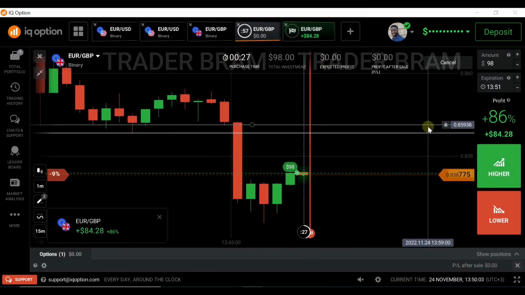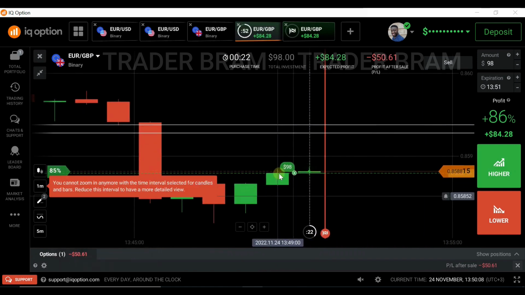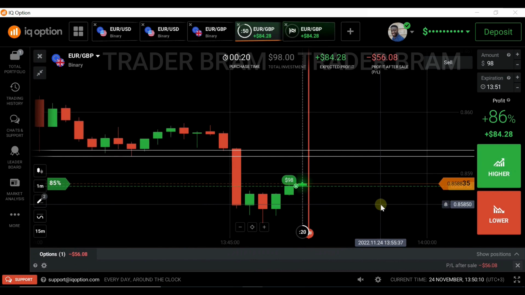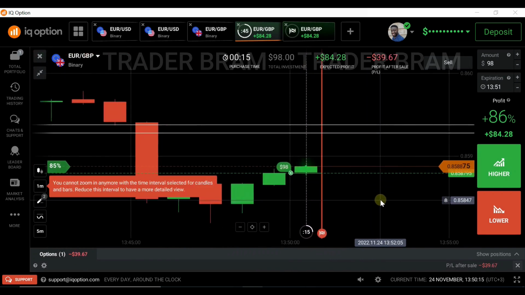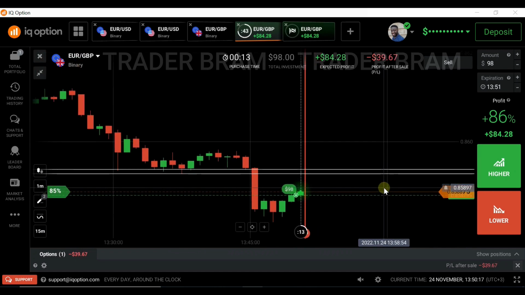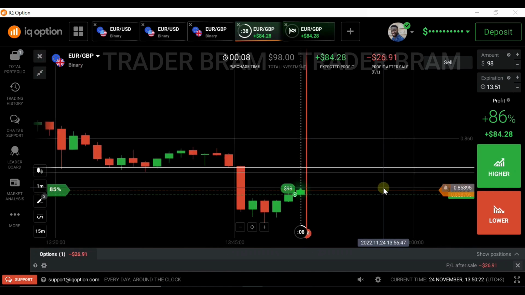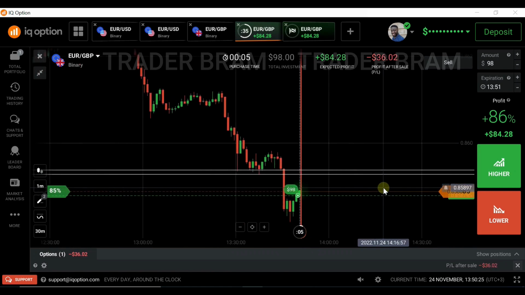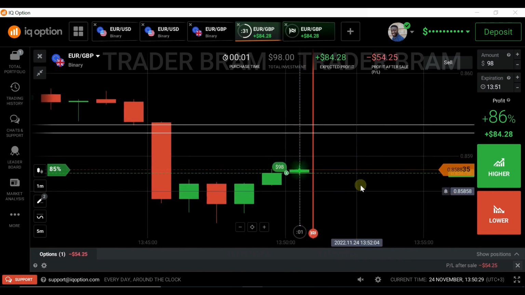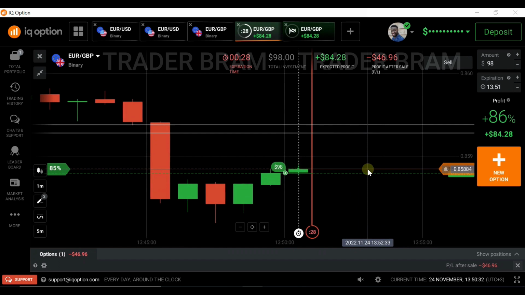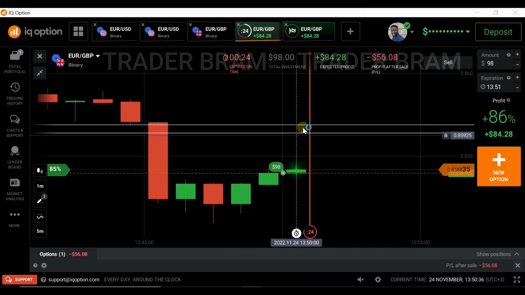So again, I'll do a call option because this is a strong bullish candle. So let's wait for this candle to close. But our main target is this level of resistance.